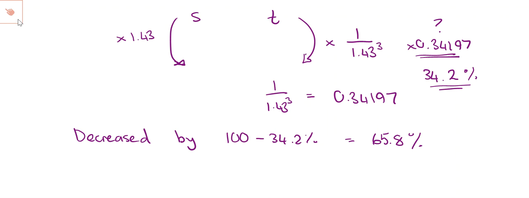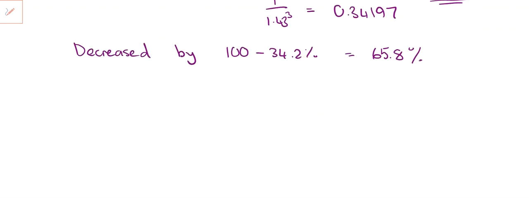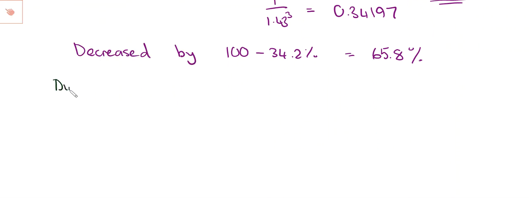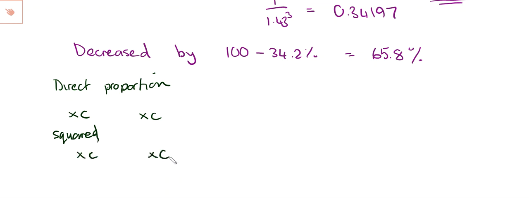So basically, the summary of this, which is in the textbook, for direct proportion, if one side is times c, the other one is times c. If it's proportion but squared, we do times c and times c squared.